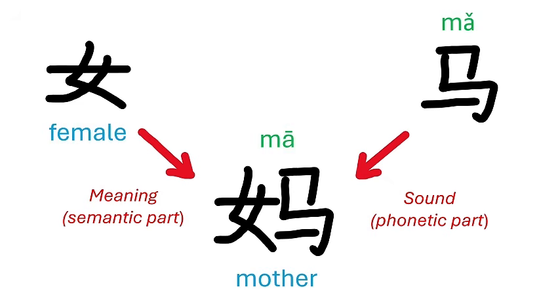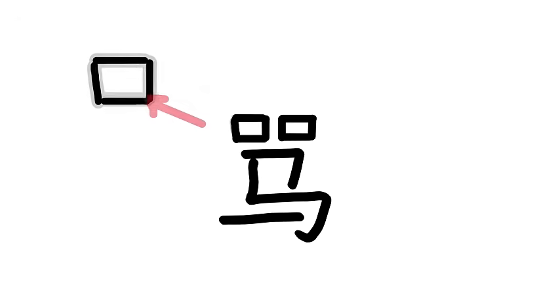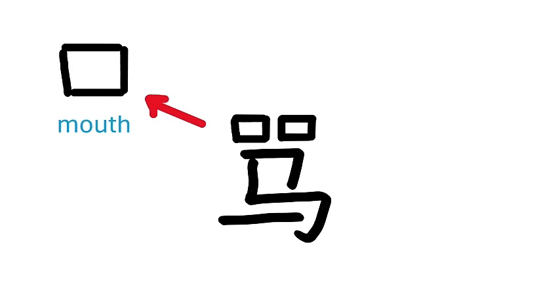Most sound-meaning characters are formed in exactly this way. Let's see another example. Here we have a ma. Now we put 2 squares on top. A square represents mouth. Pretty easy to guess, right? Do you want to guess the meaning of this character?